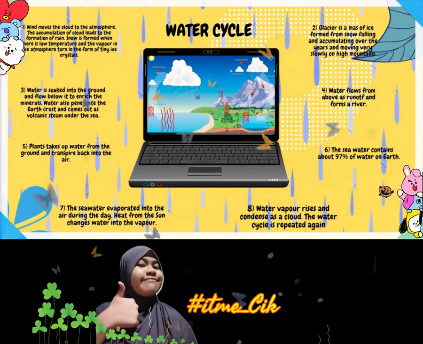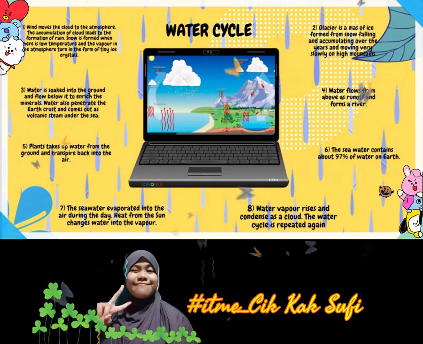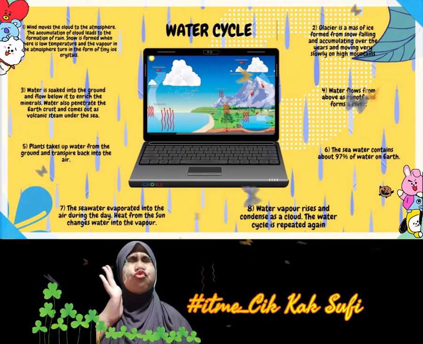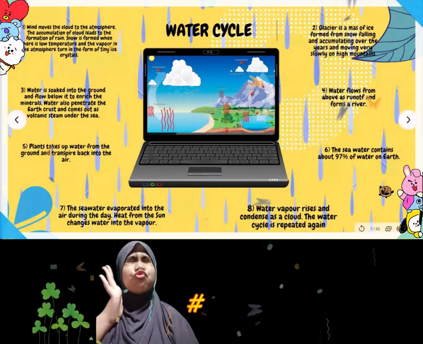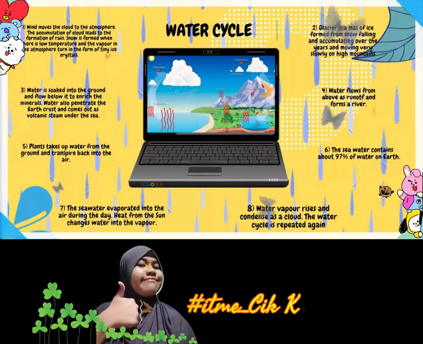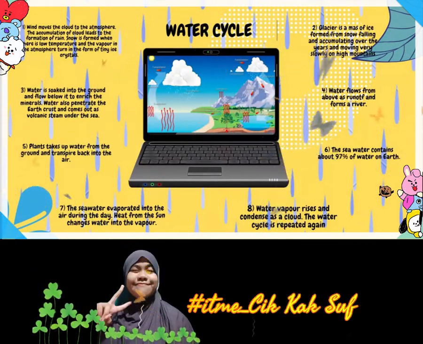Water also penetrates the earth crust and comes out as volcanic steam under the sea. Waters flow from above as runoff and form a river. Plants take up water from the ground and transpire back into the air. The seawater contains about 97% of water on Earth.